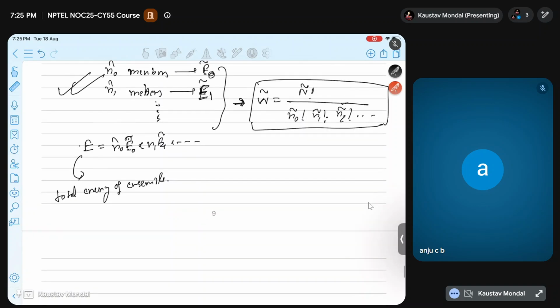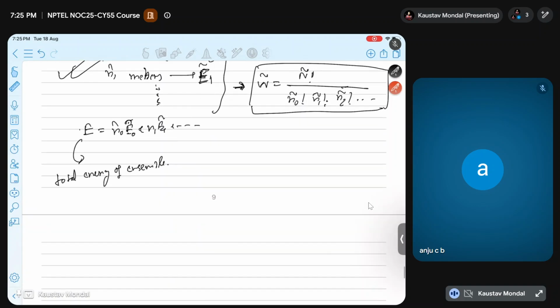So these n0, n1, n2 values are subject to this energy constraint and the constraint on the total number of members.